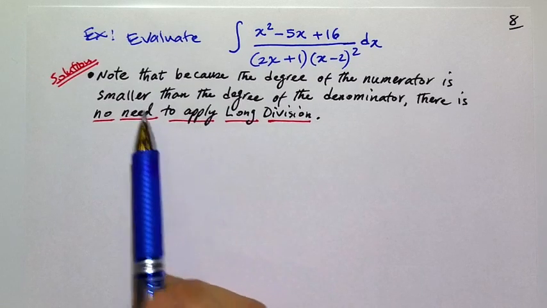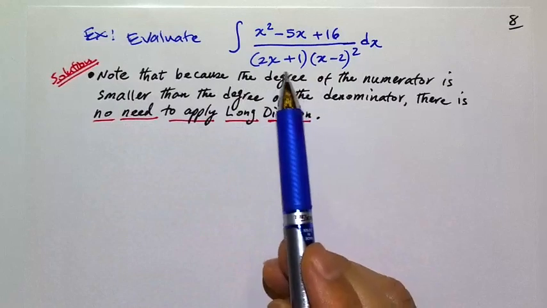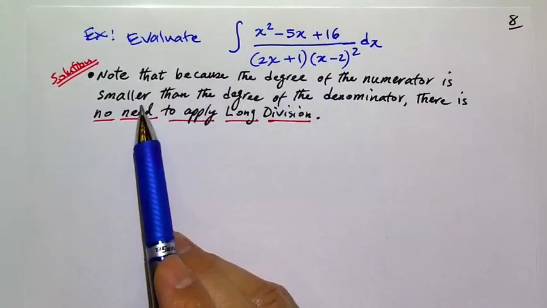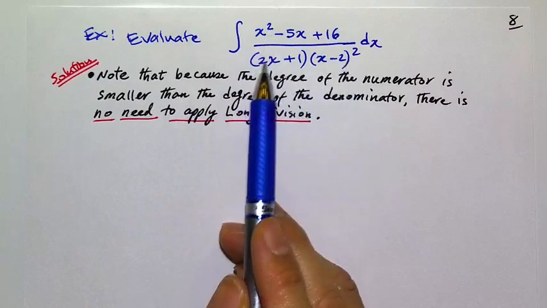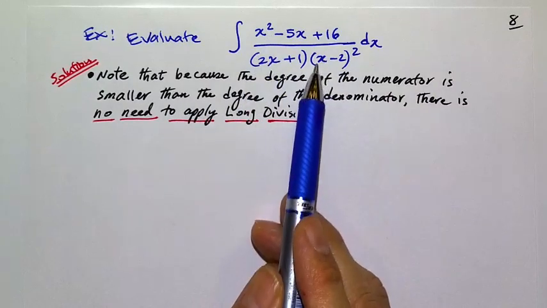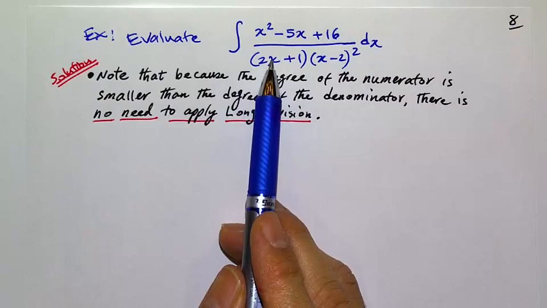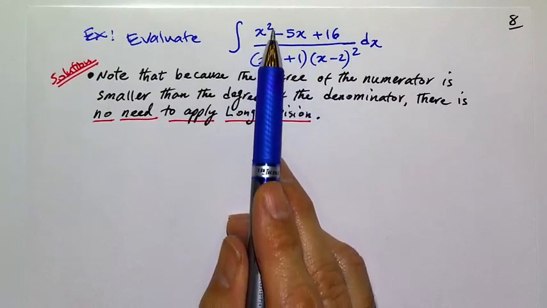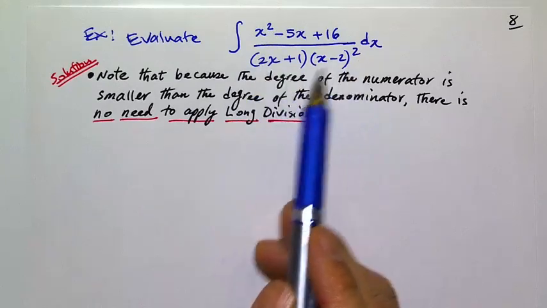But beforehand, a note for this problem is that the degree of the numerator is smaller than the degree of the denominator, right? Here we have x squared, and in the denominator we have x cubed if you multiply them out. So x squared is smaller than x cubed.